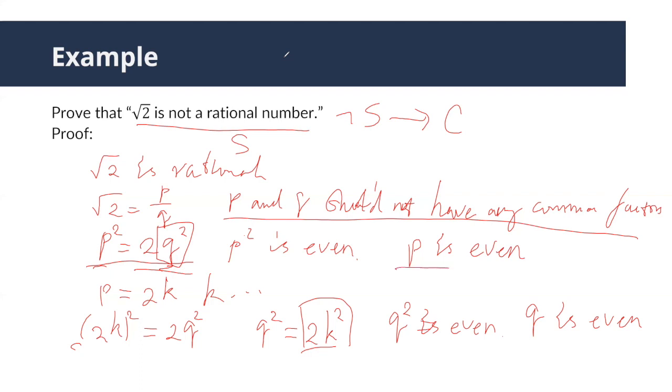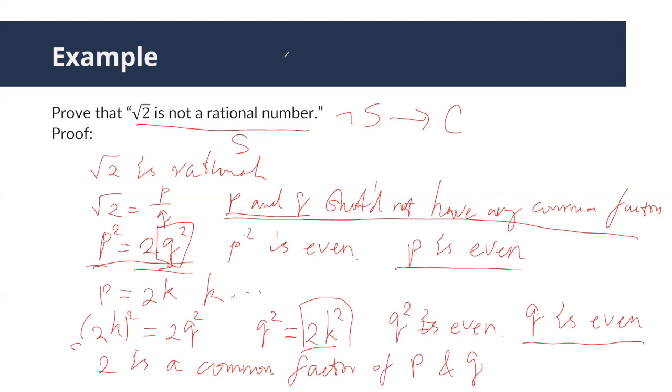Now look what we have concluded. P is even, Q is even. Therefore, we prove that 2 is a common factor of P and Q. Do you see the contradiction? Previously, we assumed P and Q should not have any common factors.